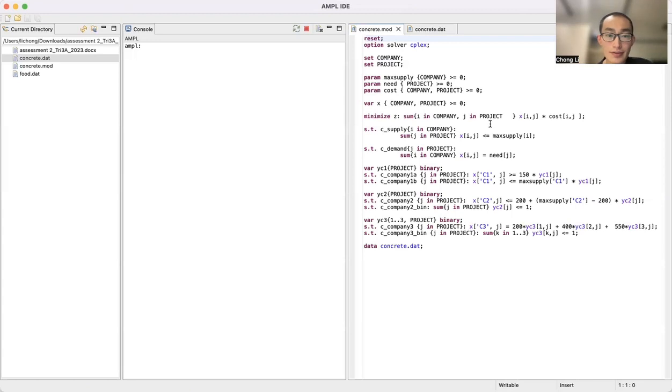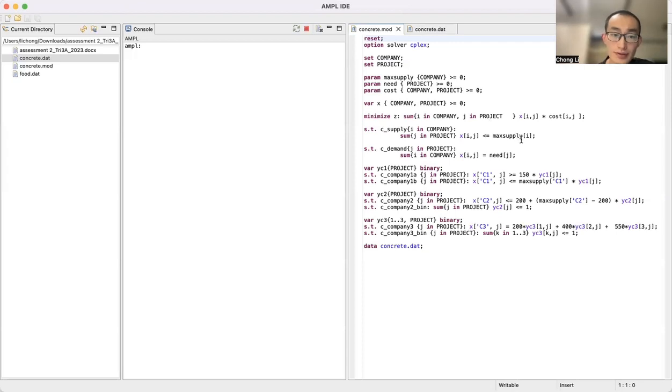And now this is the objective function, and the first two sets of constraints are basically general ones about the maximum supply and project needs.